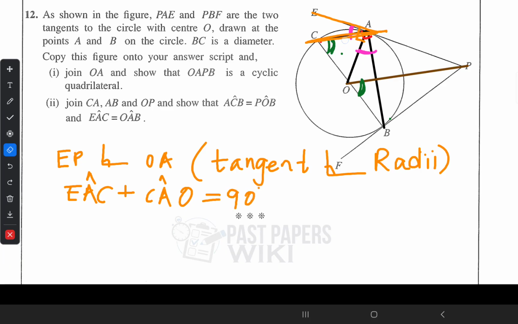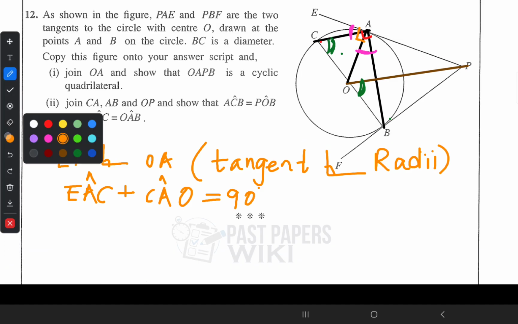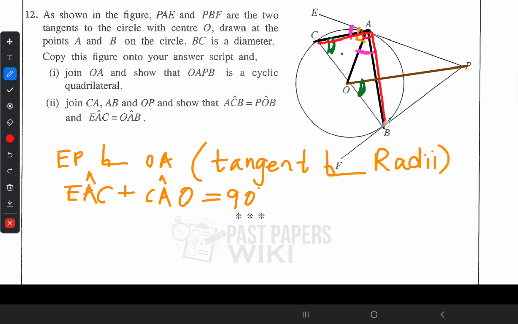I'll repeat again. Try to understand this clearly. Tangent and this radius are perpendicular, so this angle and this angle both together give you 90 degrees. Don't think about the red color one. This 90 is split into two angles, so the sum of those two angles equals 90 degrees. Then similarly, think about this. This is a semicircle triangle. A semicircle triangle is subtended on the circumference at a 90 degree angle, a right angle.